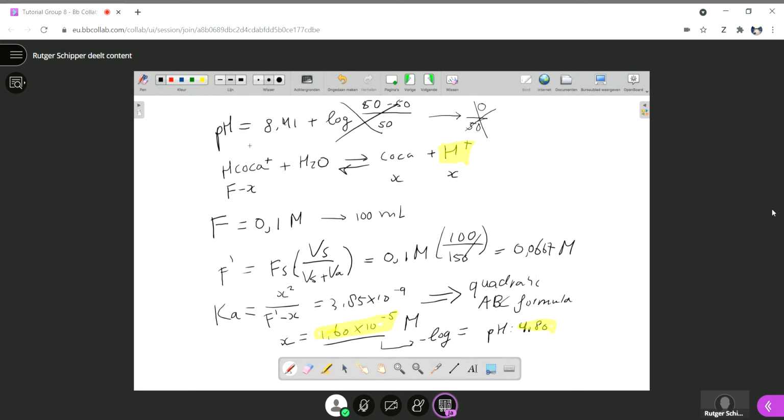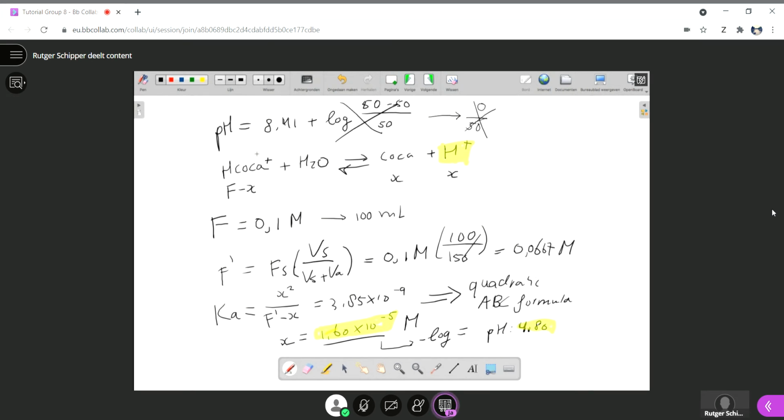So all of the cocaine has reacted to its protonated form, but that doesn't mean a part of this protonated cocaine will not react with water back to its neutral form. And this reaction is based on the acid constant, right? So this protonated form of cocaine basically behaves like an acid, a very weak one, but an acid, right?